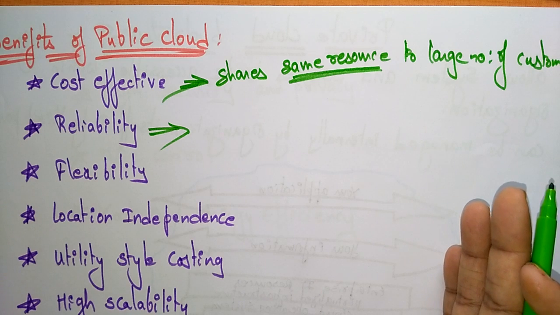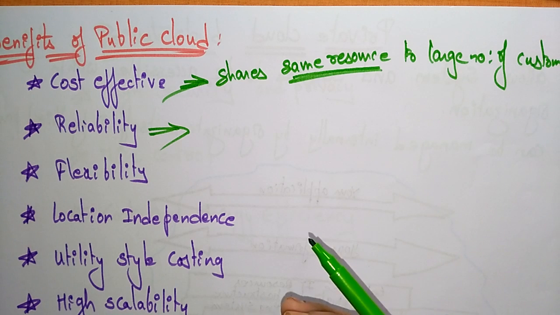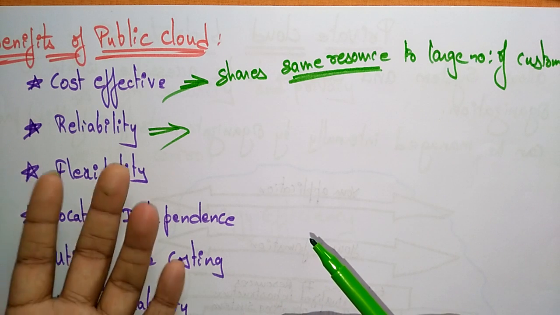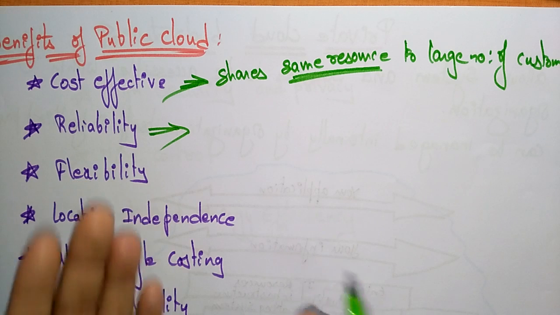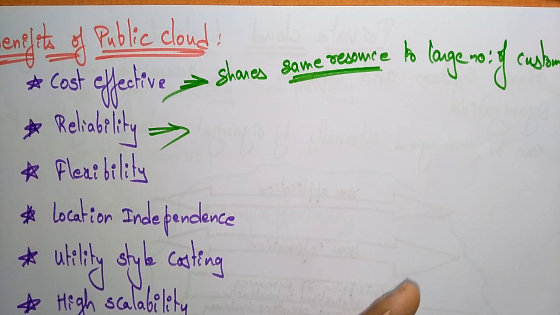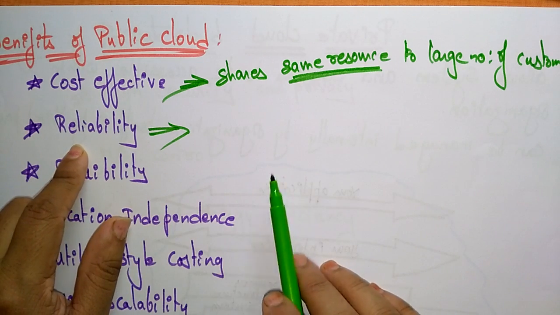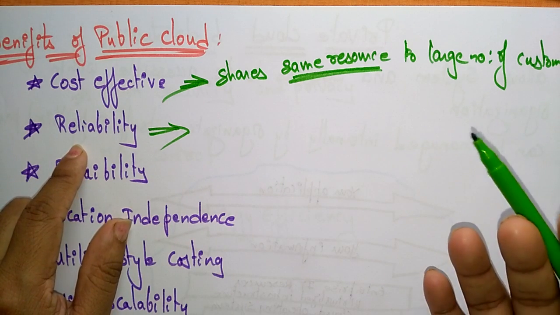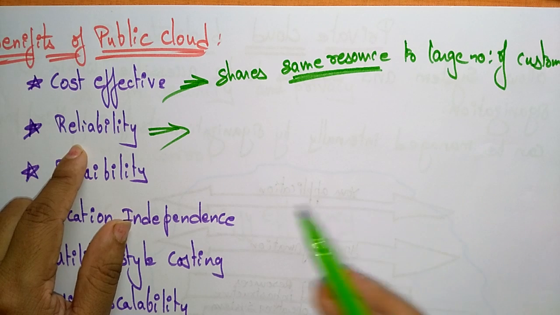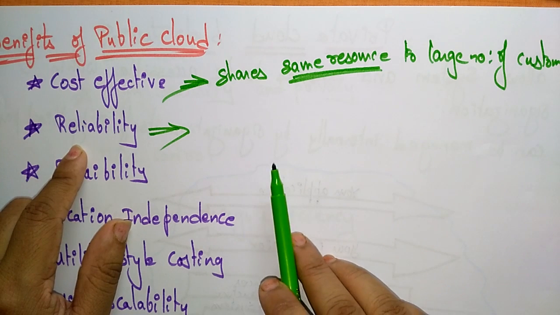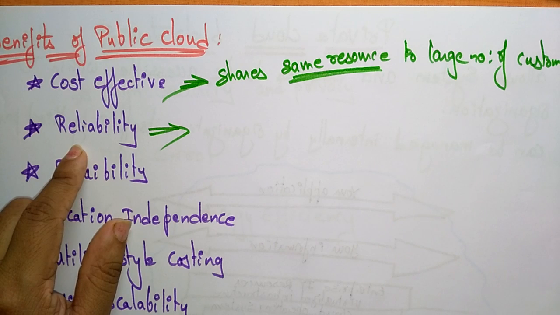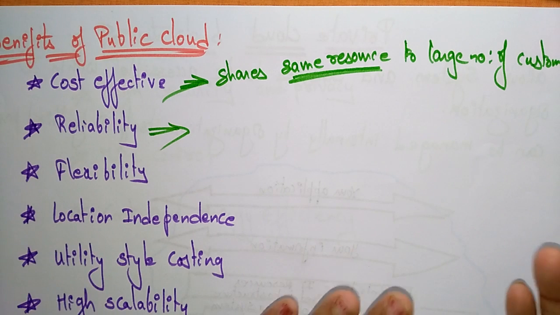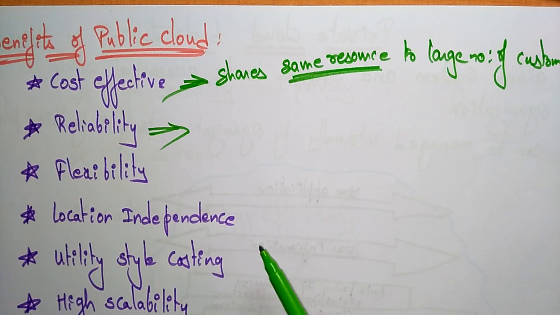Suppose you want to search something on Google, whenever you are trying to retrieve some data, and the server is not supporting you, you will go to another link. So that reliability is provided by the public cloud. It is giving more chances to you to access the data.